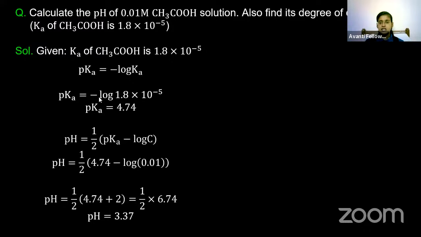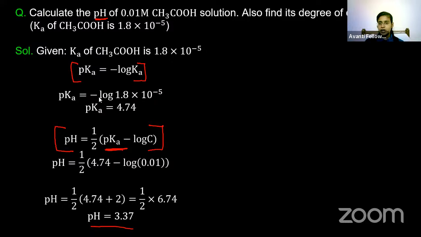This is the pH value. So I have calculated the pH using the formula. In the pH formula, I need pKa, so I calculated the pKa using this formula and I got the answer.